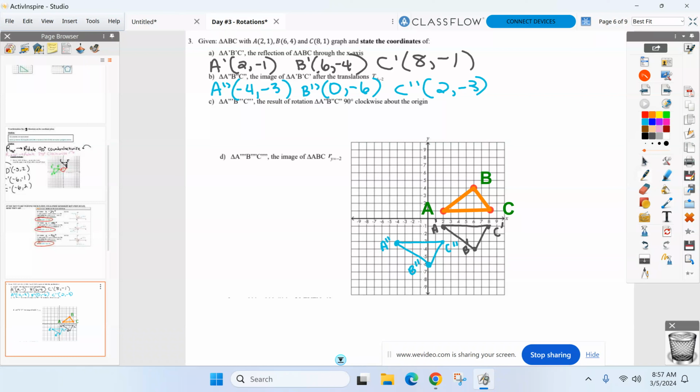So if you are looking back at the previous page, you're looking at negative 90 here. One quarter turn to the right, and looking at the double prime triangle and writing down where the coordinates moved to.